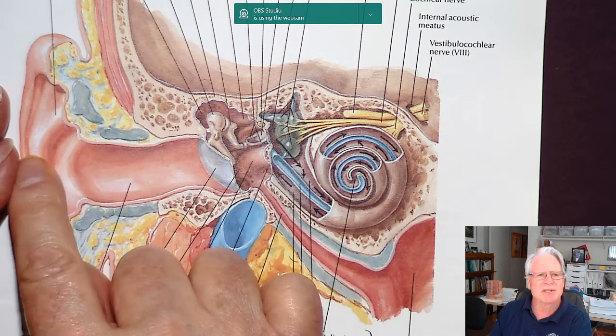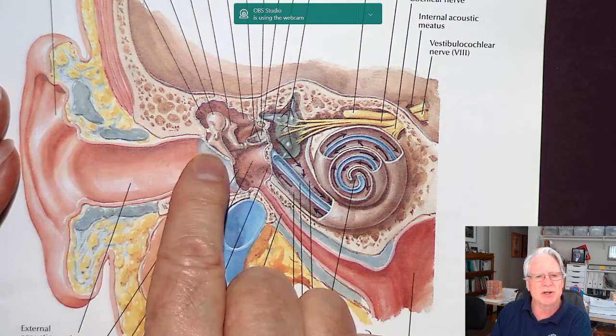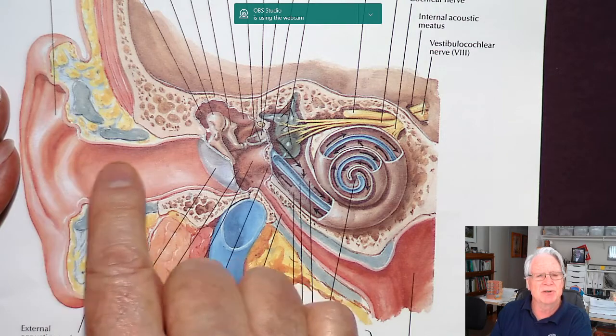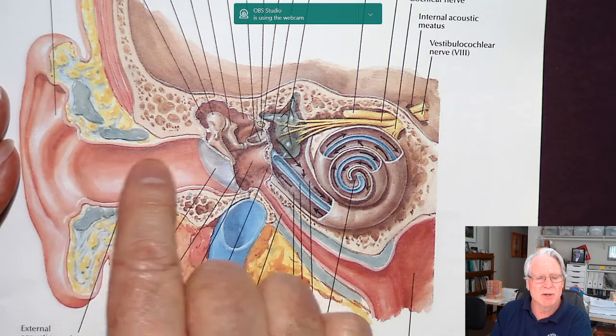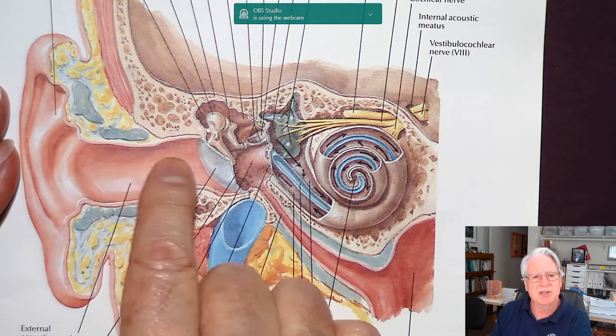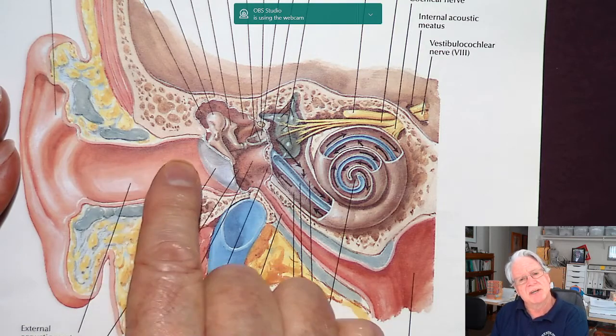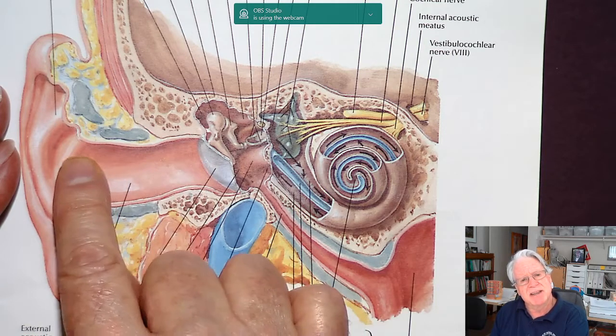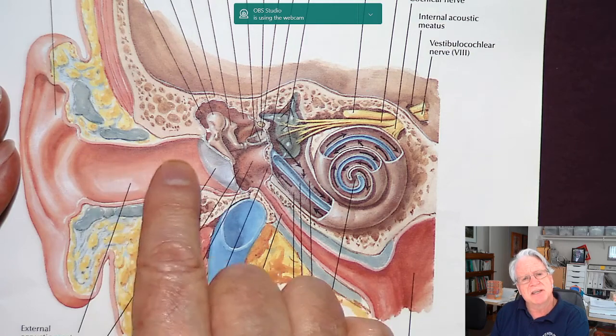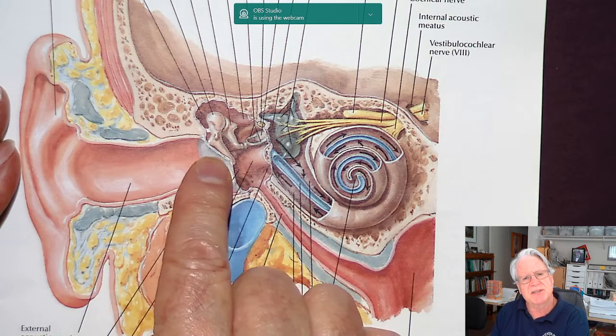So what happens is, when you disturb the air, you produce air waves, or compressional waves of atmosphere, and they enter into the canal here, and they press against the eardrum, and they cause that eardrum to vibrate.